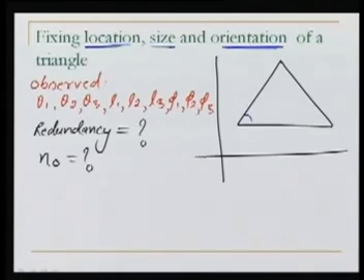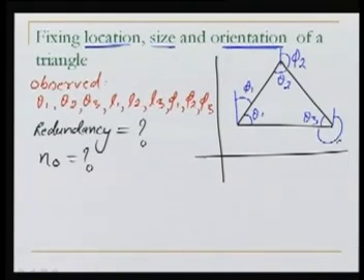Let us say someone who went to the field has carried out theta 1, theta 2, theta 3, these 3 observations, as well as he has also observed the bearings of the lines, for example here phi 1, phi 2, and phi 3. These are the bearings, as well as one has also observed the lengths L1, L2, and L3.